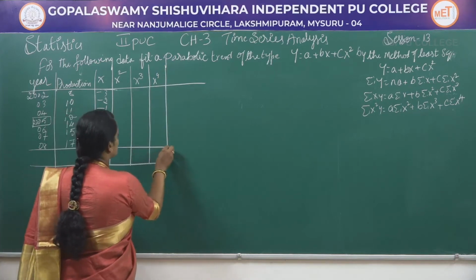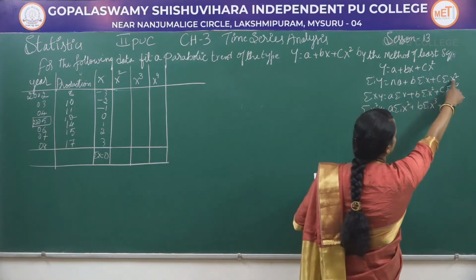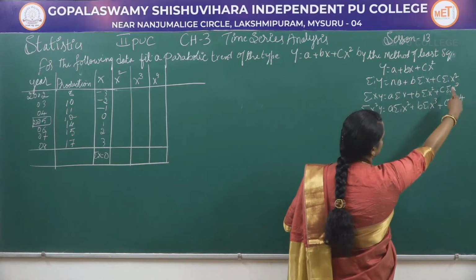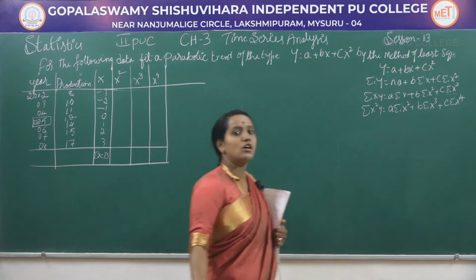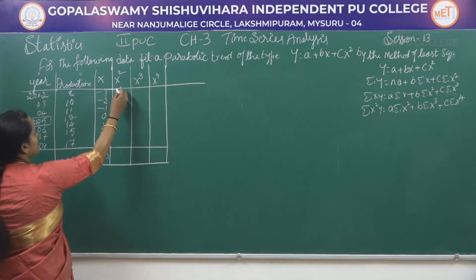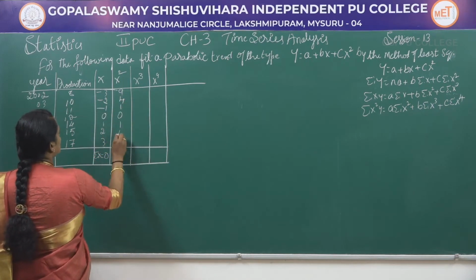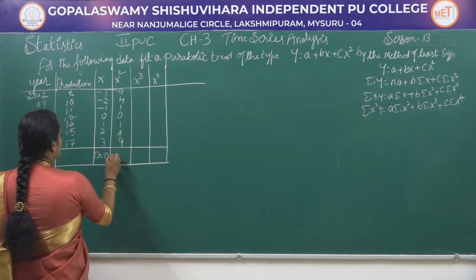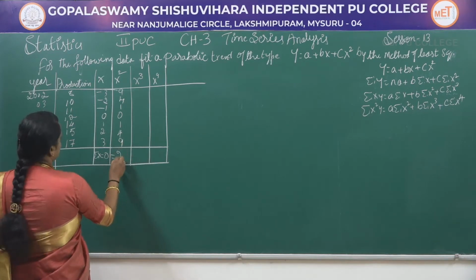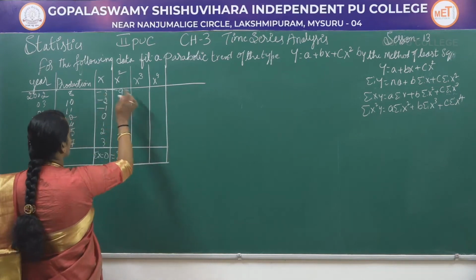First complete this one, because in normal equations we have to calculate summation x, summation x square, summation x cube and summation x power 4. So x square means 9, 4, 1, 0, 1, 4 and 9, and this total is 28. Similarly for x cube, you have to cube this one.